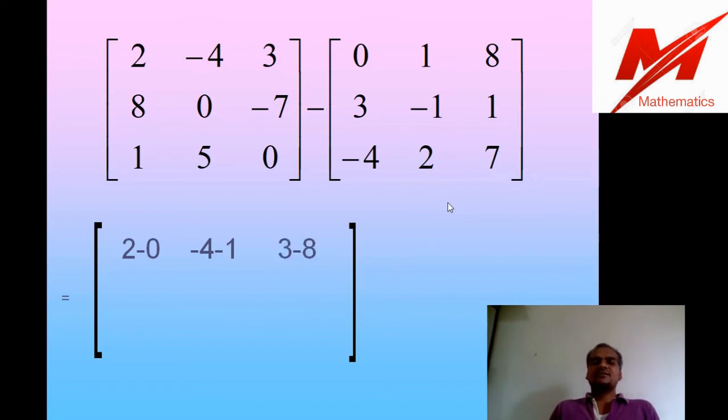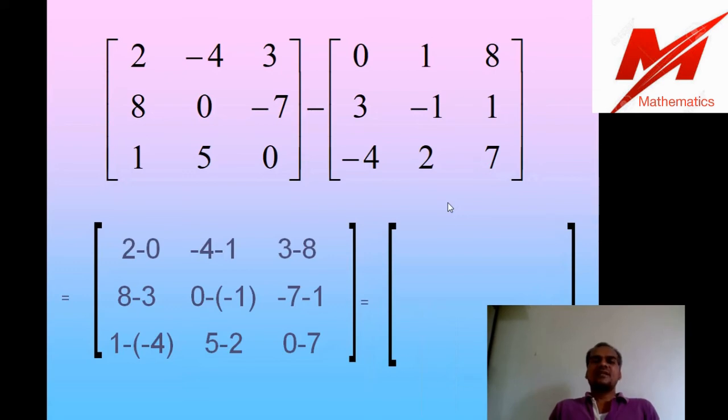Next, 3 minus 8, corresponding to 8 we have 3, and so on. We get 5 minus 2, and lastly corresponding to 0 we have 7, 0 minus 7. So the resultant matrix we get is 2, -5, -5, 5, 1, -8, and 3, -7 lastly.